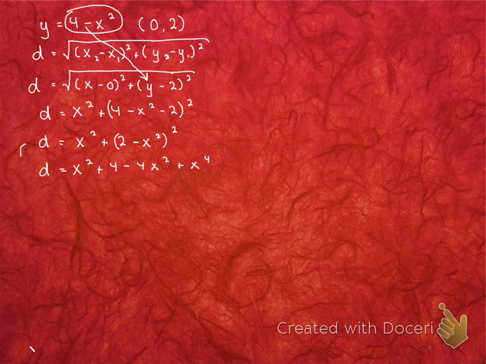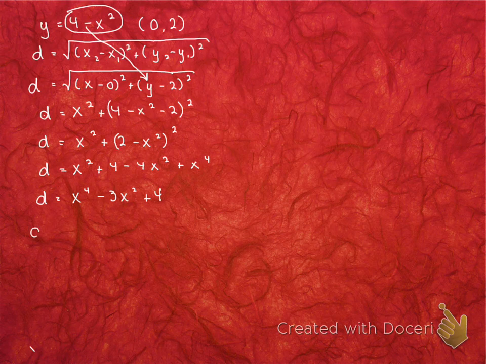I did that in my head. I hope that's right. And then let's combine like terms and then I'll check it. So x to the 4th minus 3x squared plus 4. Okay, now that is what we're finding the derivative of, because remember, that is what we are minimizing.